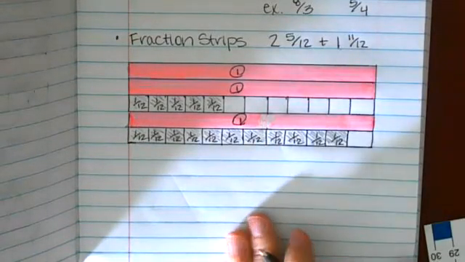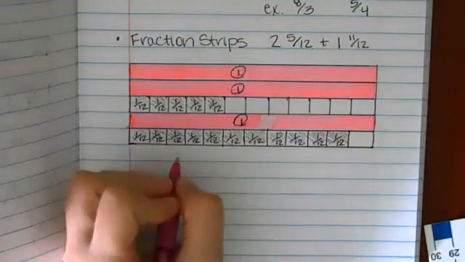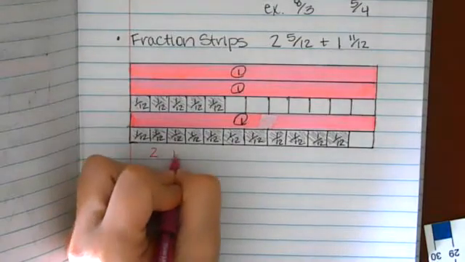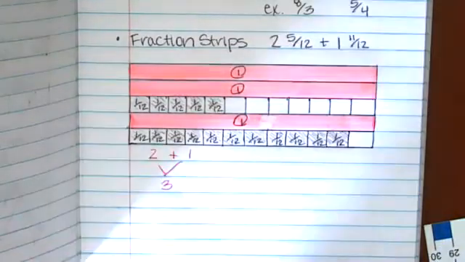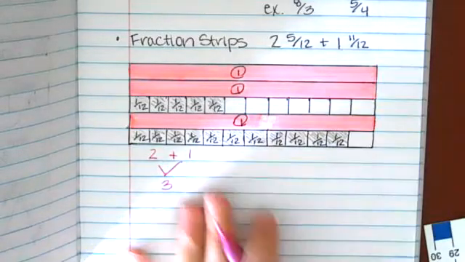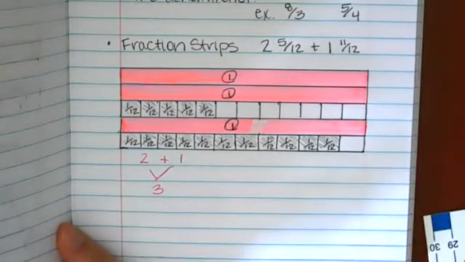While we're putting this together, I can add up the whole amounts that I have. I have 3 wholes right here: 2 wholes plus 1 whole equals 3 wholes. Then I can add up my fractional amounts that I have listed below.